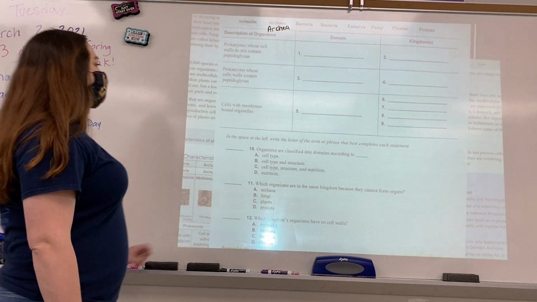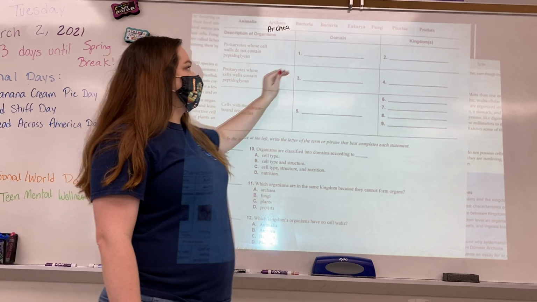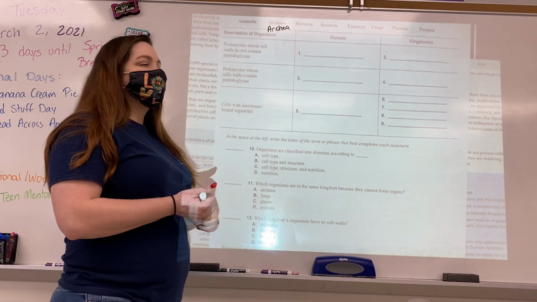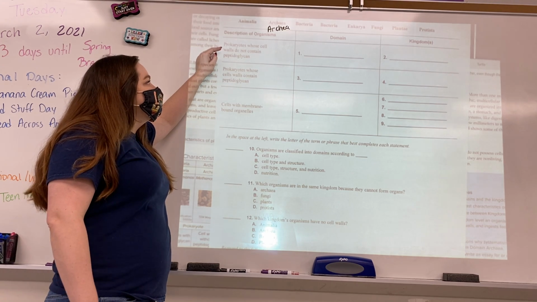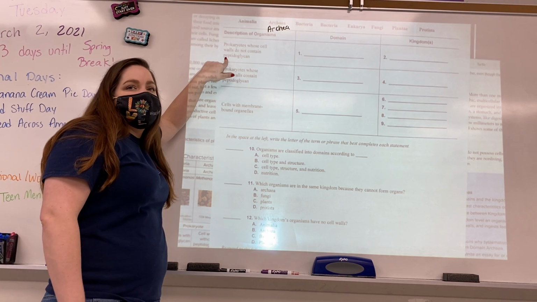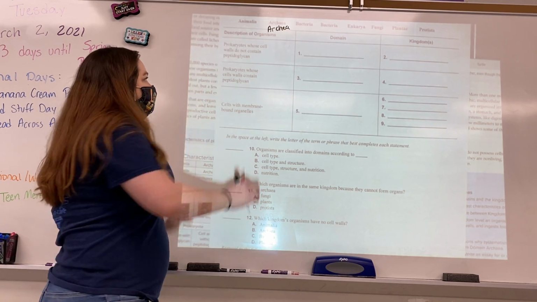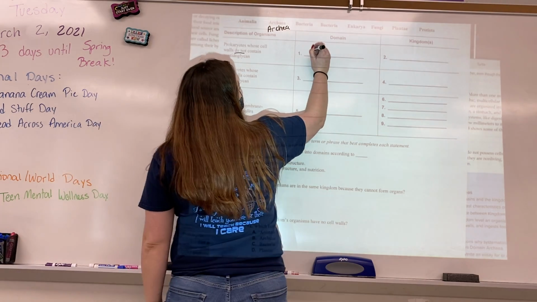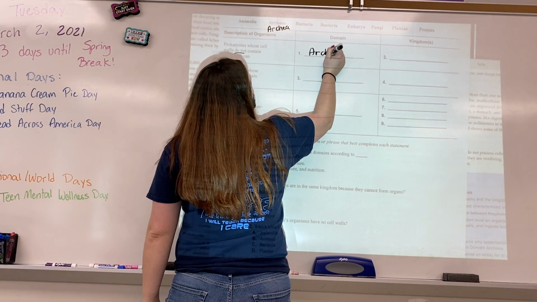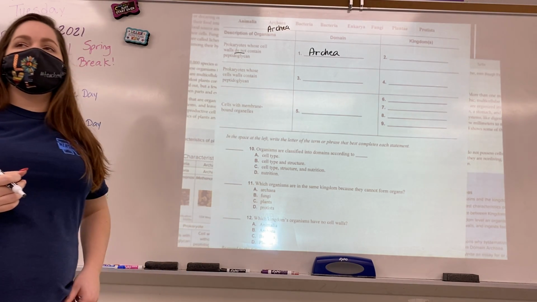When you're doing your domains, make sure you're reading the description of the domain so you write the correct domain on the correct line. For example, this one says prokaryotes whose cell walls do not contain this peptide. Which domain is a prokaryote that does not contain that peptide? Archaea. What is the only kingdom inside archaea?